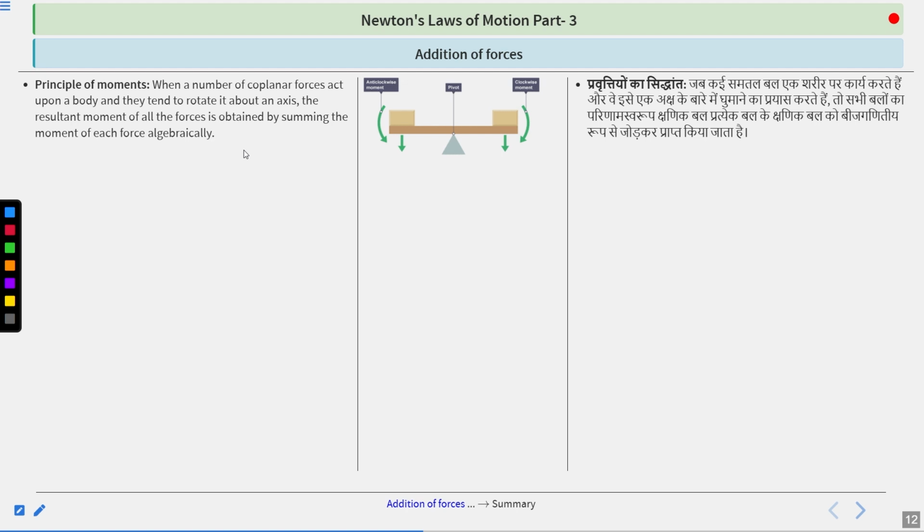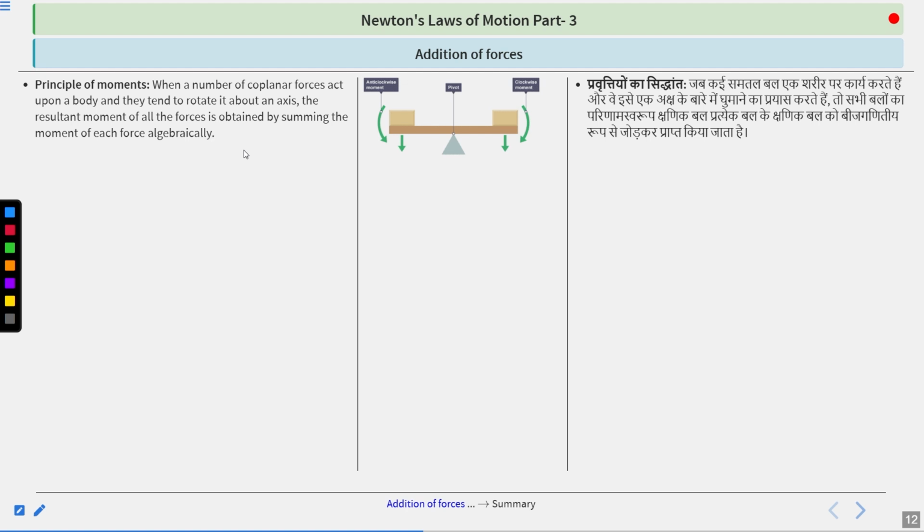So you can say there are a number of coplanar forces, not a single coplanar force, and they are acting upon a body in a way that the body is tending to rotate about an axis. The resultant moment obtained because of these coplanar forces could be obtained by summing the moment of each force.